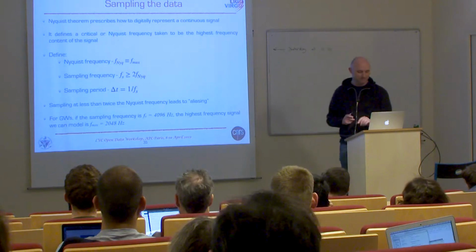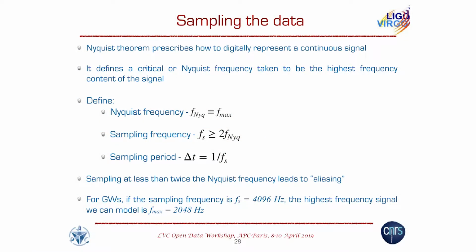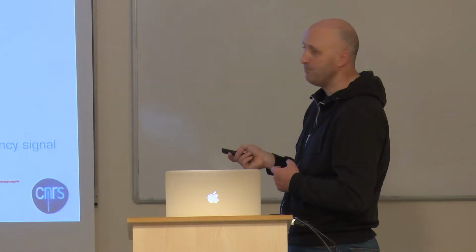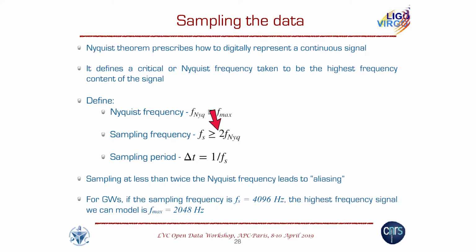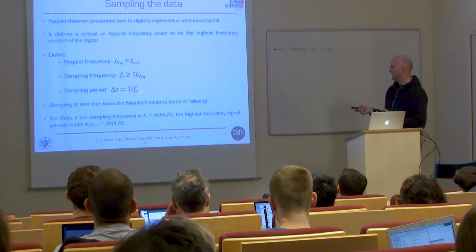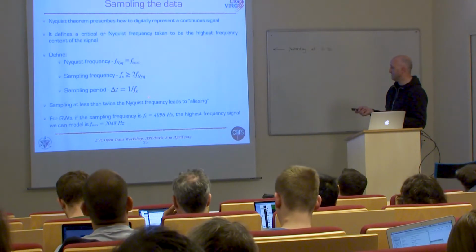So this is basically given by the Nyquist, or more accurately, the Nyquist-Shannon theorem, which basically says that if I have a signal with a maximum frequency component of f max, and I define that to be my Nyquist or critical frequency, then my sampling frequency has to be equal to or greater than twice the Nyquist frequency. I can then define my sampling interval as 1 over the sampling frequency, and things are good.